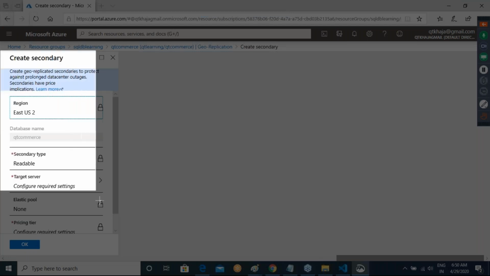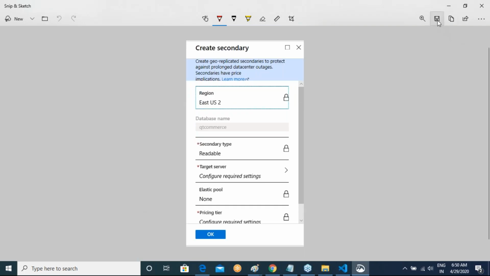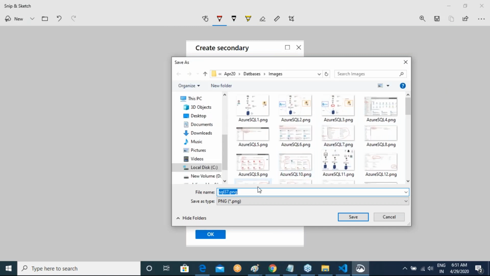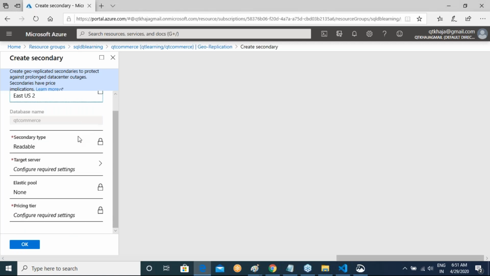These are the options which will give us the whole story. Right now I will just pick this one. Now if you come down, secondary type.